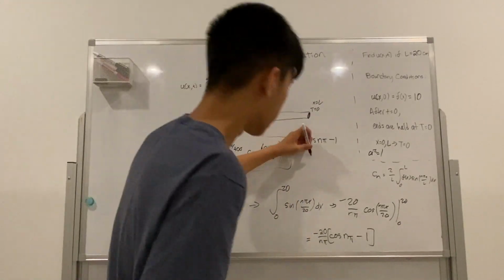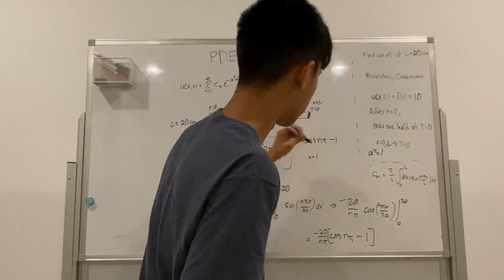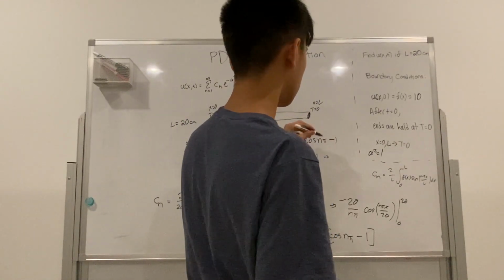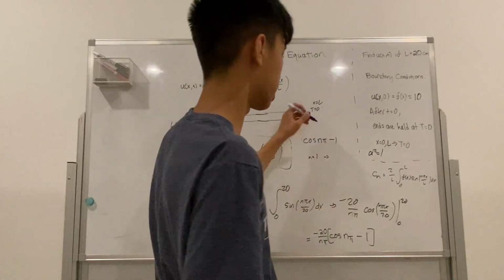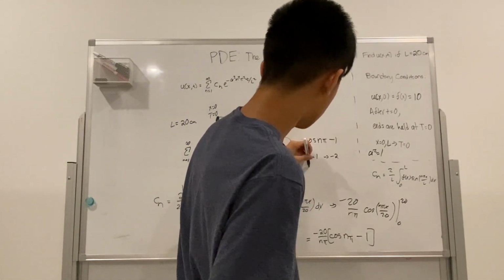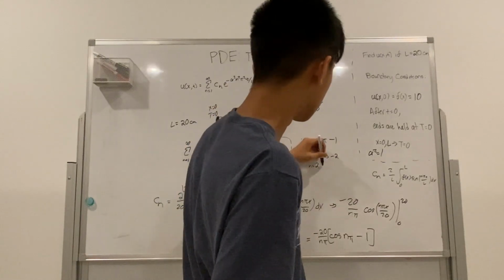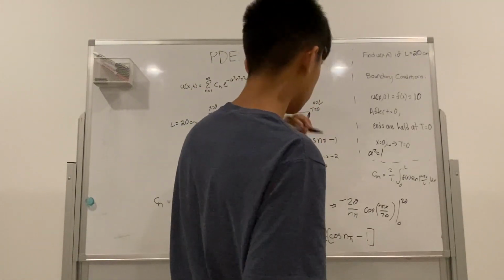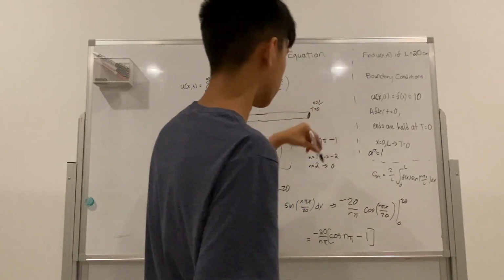Well, when n equals 1, cosine of pi is negative 1, so that's negative 2. When n equals 2, cosine n pi minus 1 is 0. This is all 0.